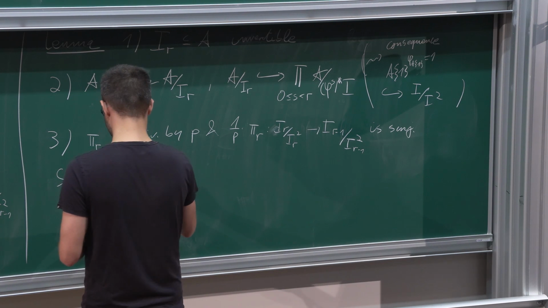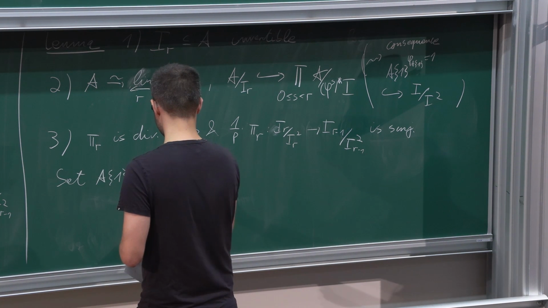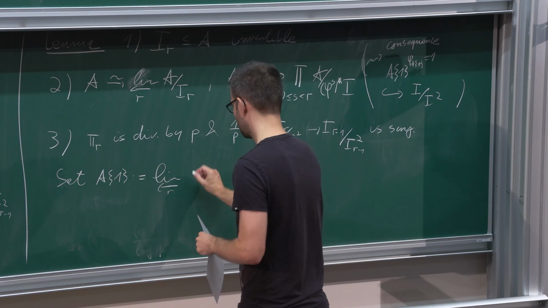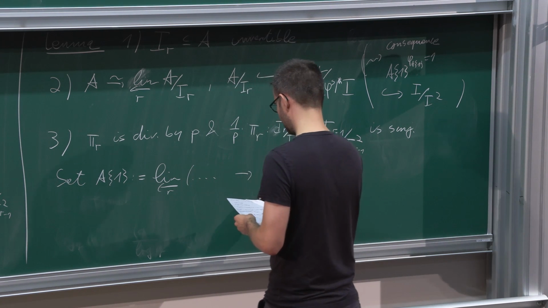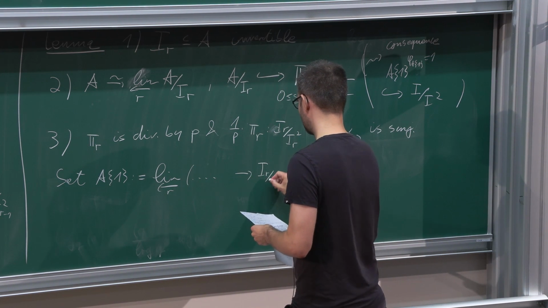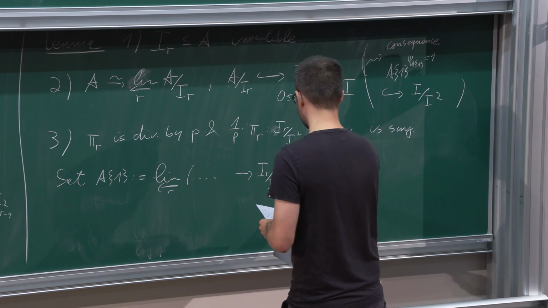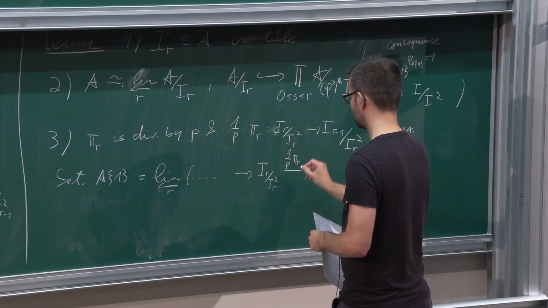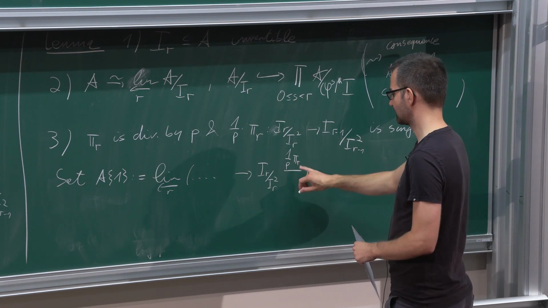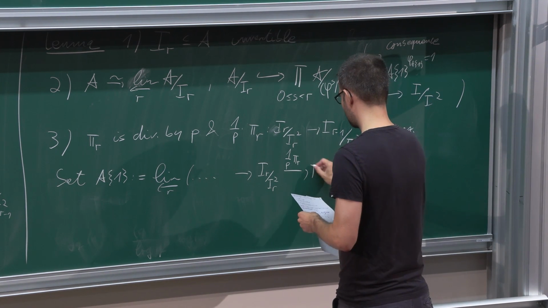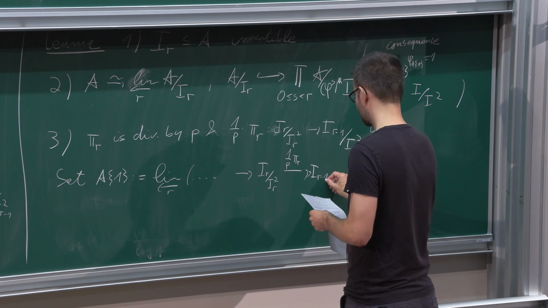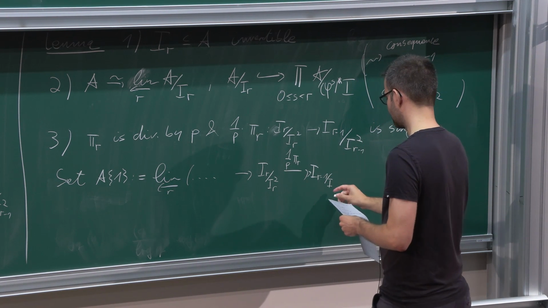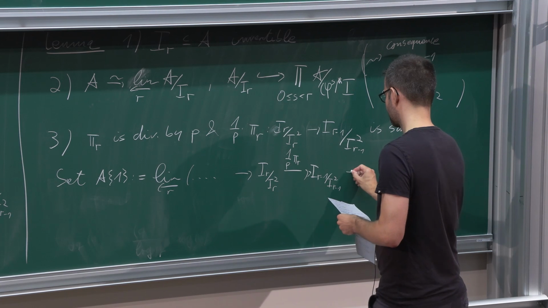Namely, we can define it to be the inverse limit over r of the following inverse system. So we take I_r modulo I_r squared, and then as a transition map we take this division by p times pi_r to I_{r-1} and so on.